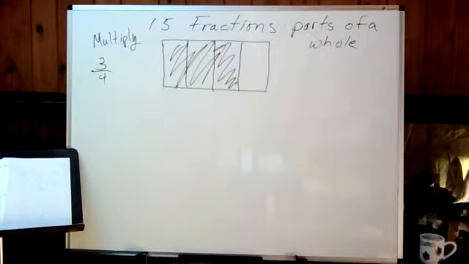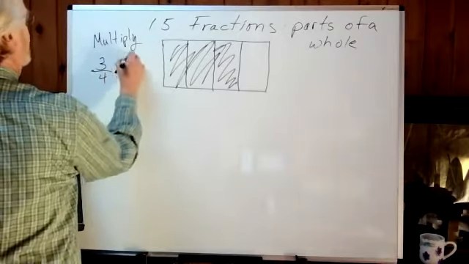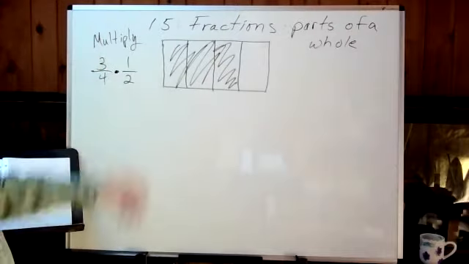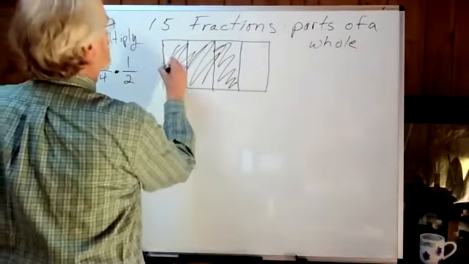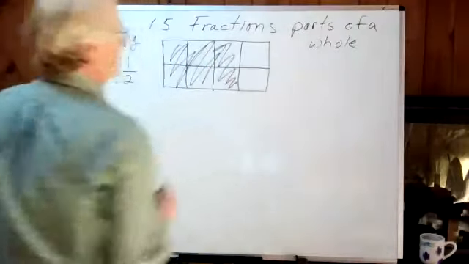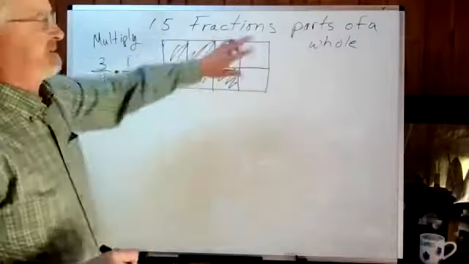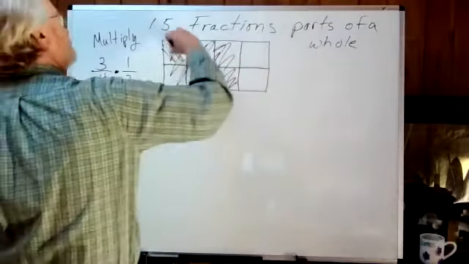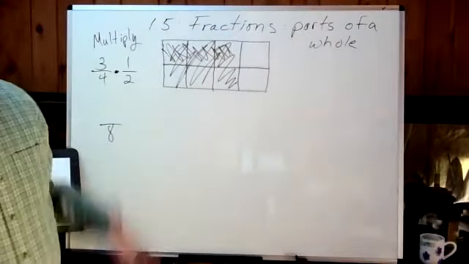Well, what if I want to multiply this fraction by another fraction? Multiply it by 1/2. I want 1/2 of all this stuff. The picture's kind of nice because I can go, oh, 1/2. I'm going to cut it in half. Now look what happened. I made 2, 4, 6, now I have 8 pieces. And half of them, say just the top half, right?